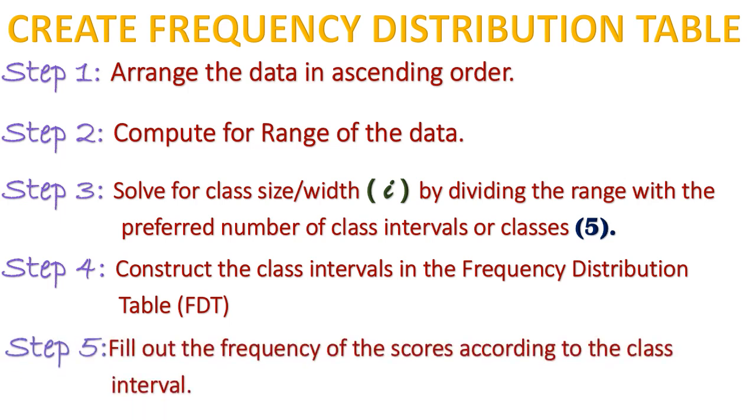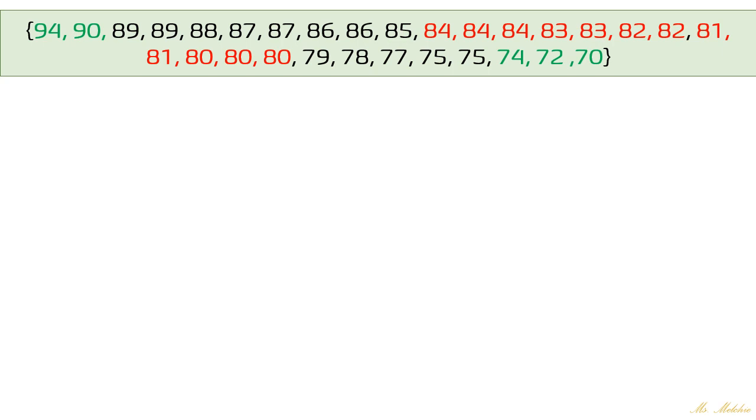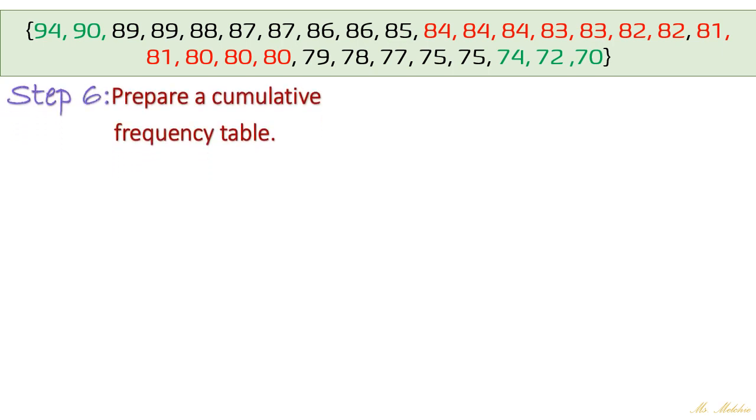And step 5, fill out the frequency of the scores according to the class interval. If you want to understand creating a frequency distribution table thoroughly, you may watch the video I posted before this one. Okay, after having your frequency distribution table, you may now proceed with step 6, which would help you go on with your computation of quartile 1, quartile 3, and the interquartile range.